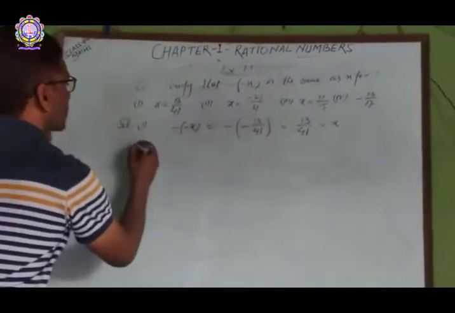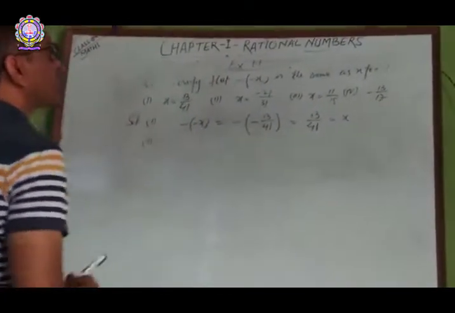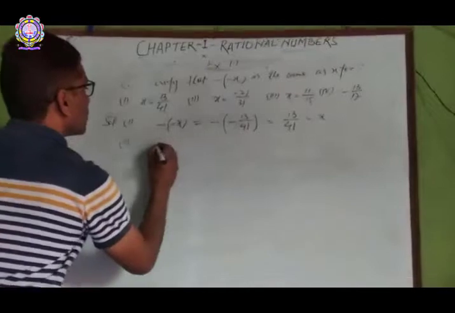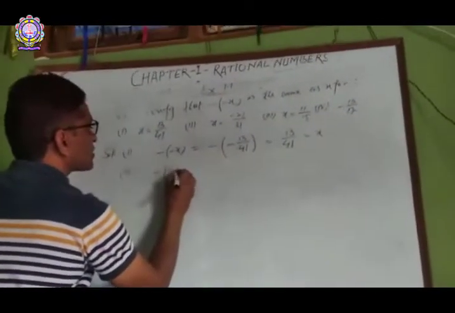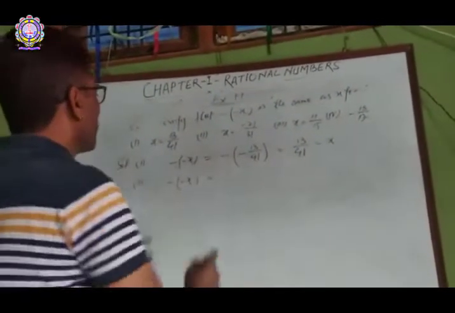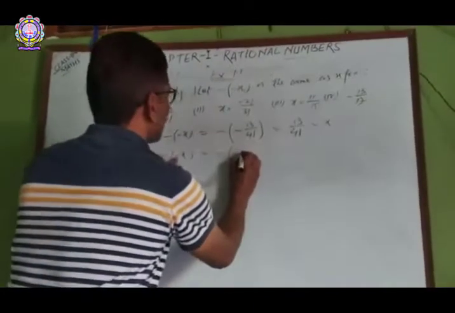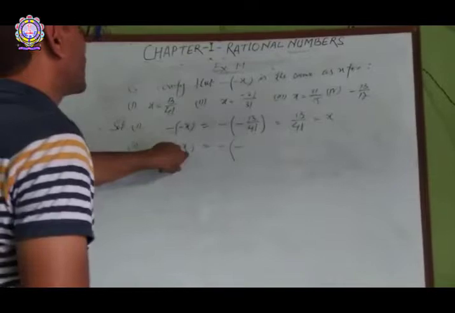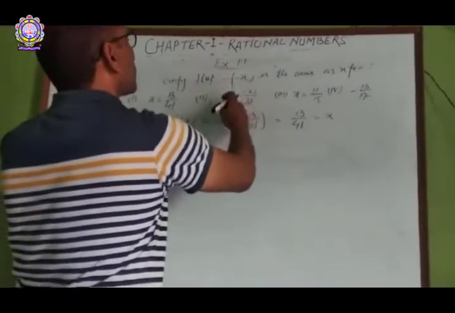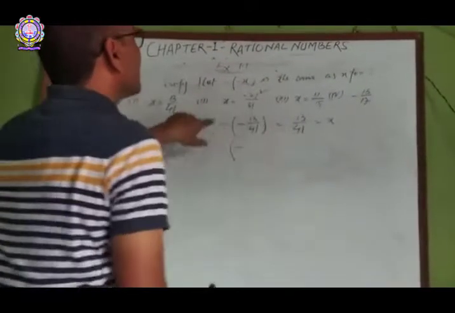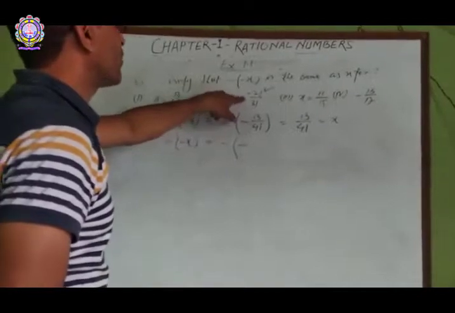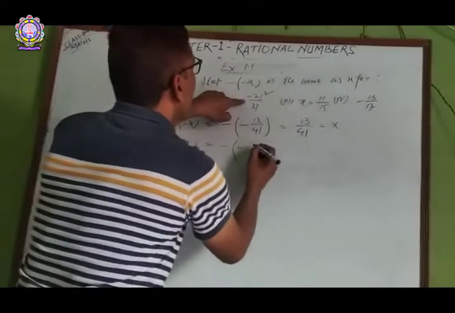Now come to the second part. Minus of minus x is equal to this minus, bracket, this minus, and value of x. For question number second, value of x is minus of 21 upon 31.